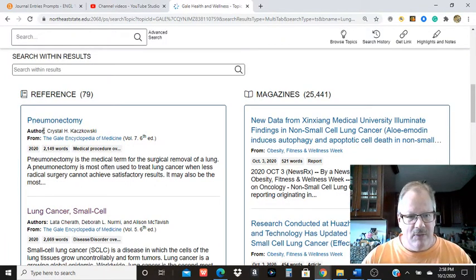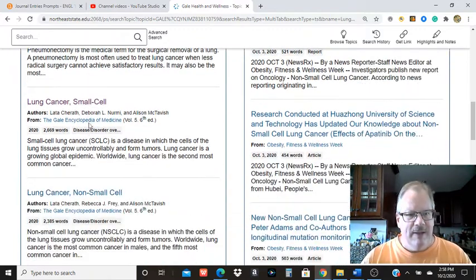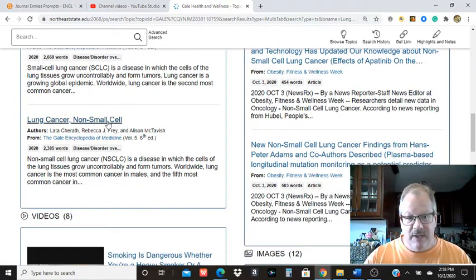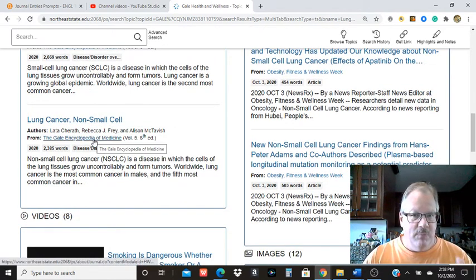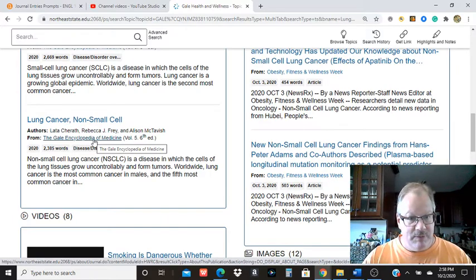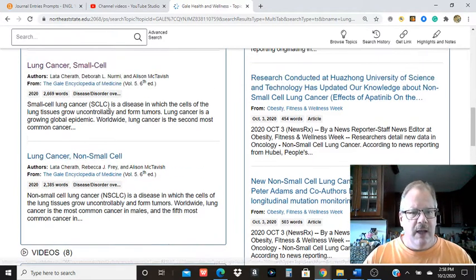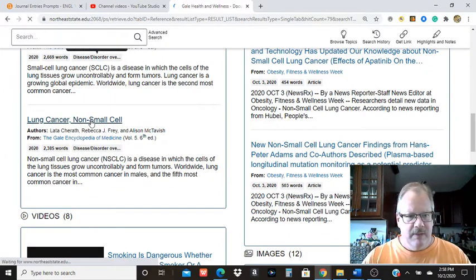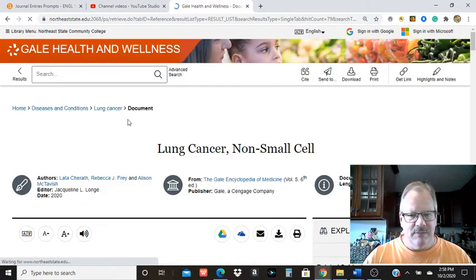I don't know if I need to know what pneumonectomy is. But this Gale Encyclopedia of Medicine, lung cancer, small cell, lung cancer, non-small cell. Again, the closer you are to what the actual problem was, the better off you're going to be with this type of searching. We'll click on lung cancer, non-small cell.